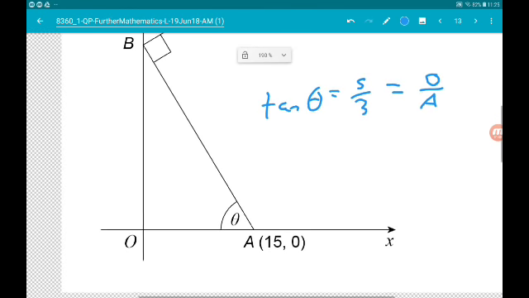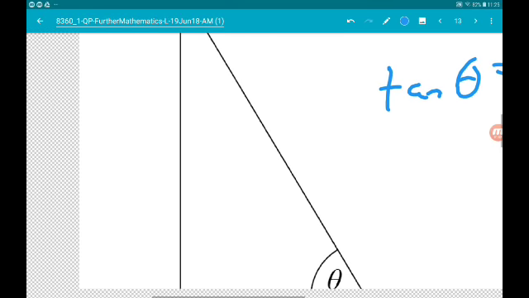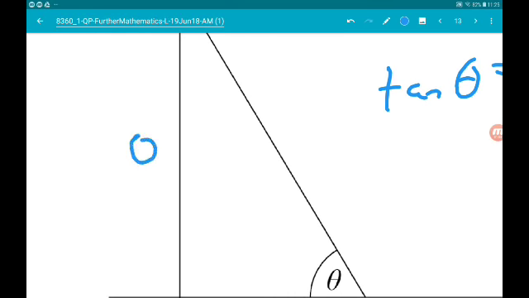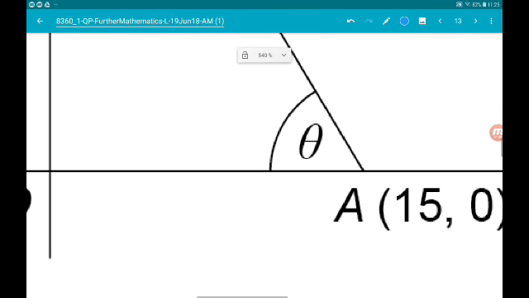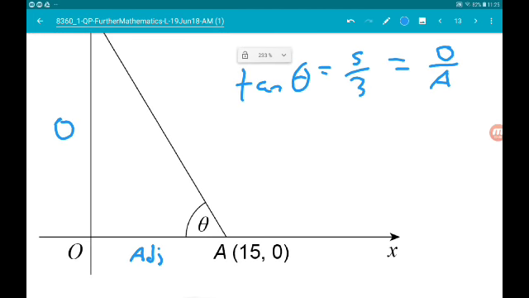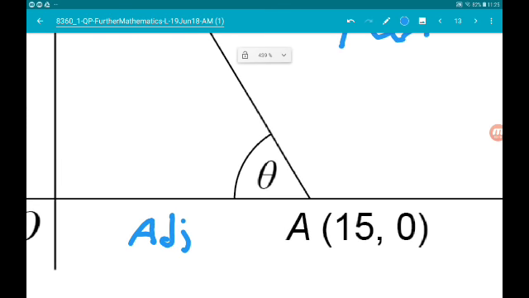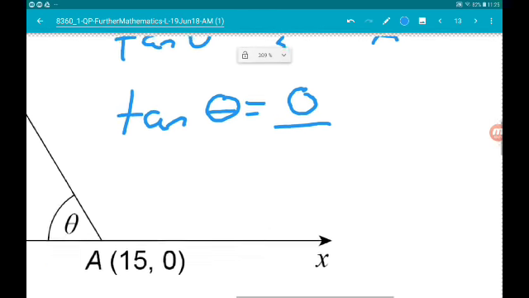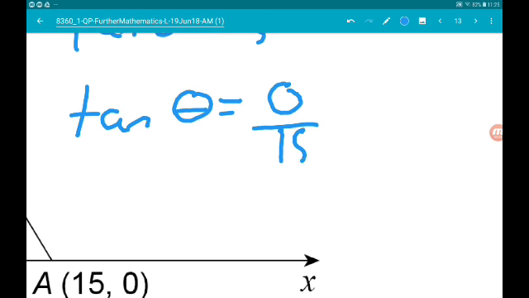Now if we call this the opposite, and we call this the adjacent, then we know that tan of theta is equal to the opposite over, now we know this length because the x-coordinate is 15, so over 15.